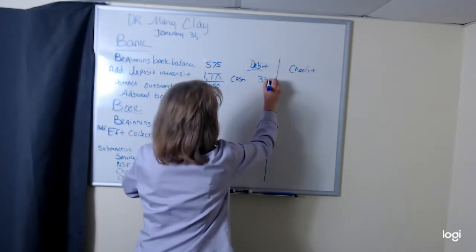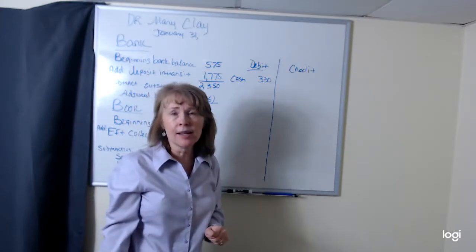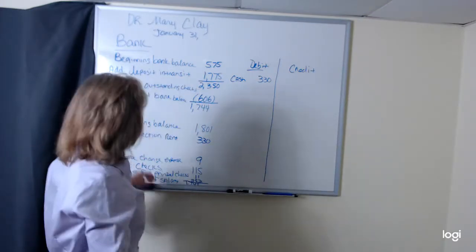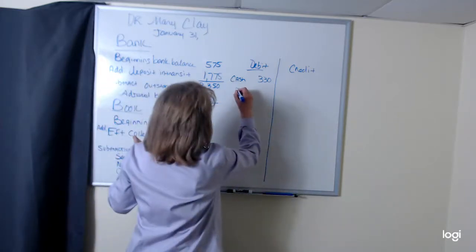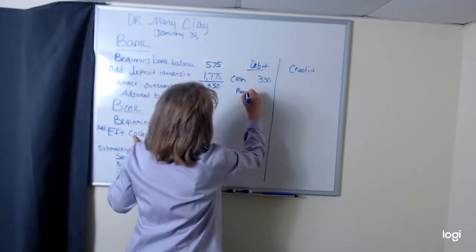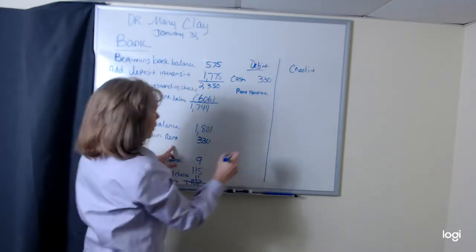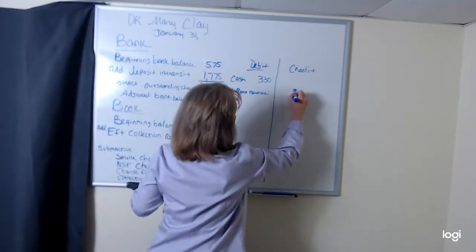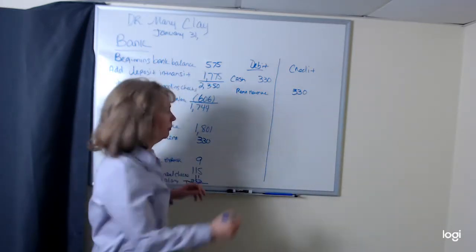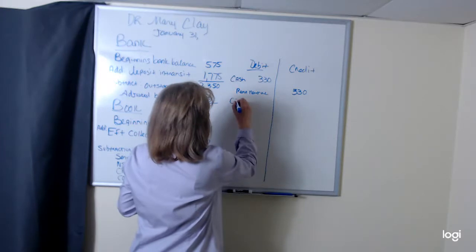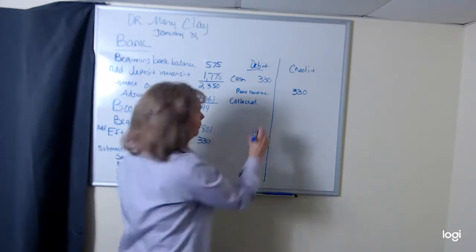I indent a little bit, 5 spaces, and I'm going to do my credit. My credit is rent revenue, $330. I just put a brief description. Collected rent.